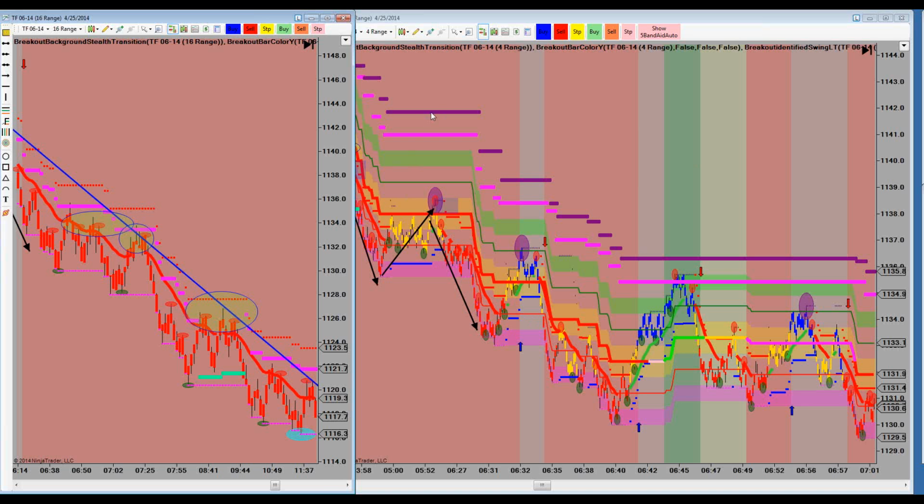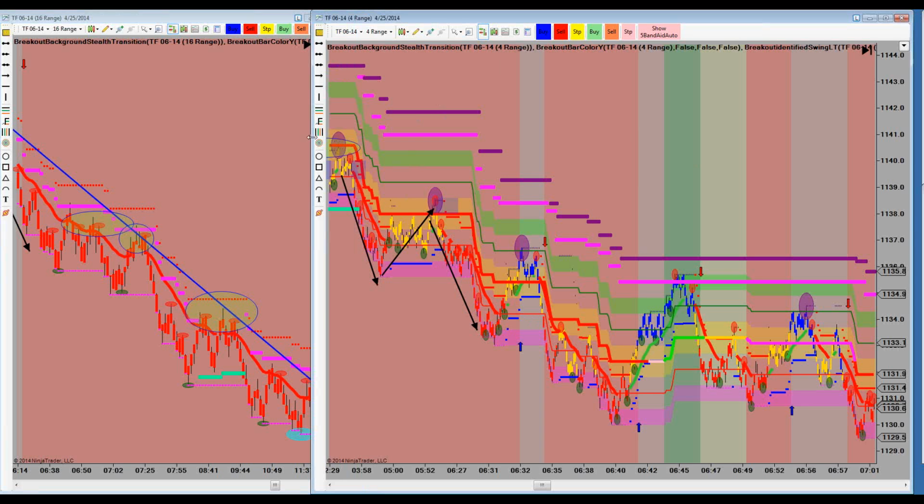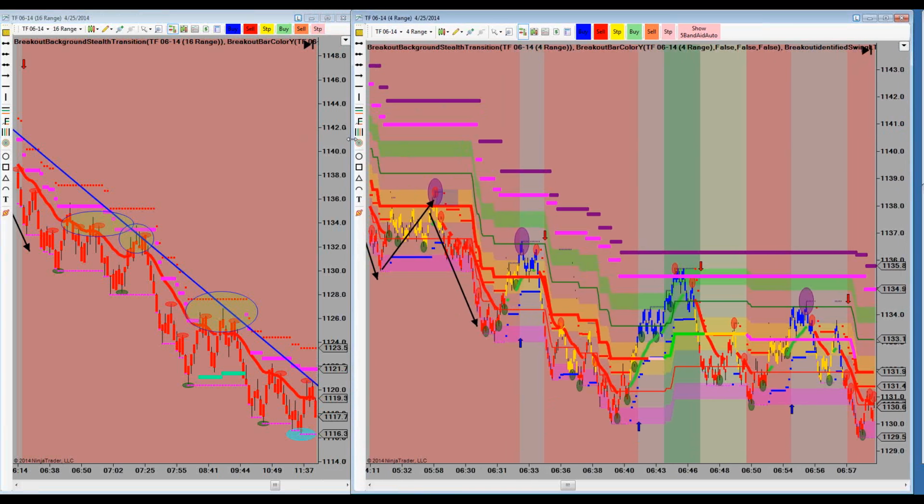What I'm talking about is what we call deep probes, where a market goes much deeper in its retracements than the mid-band. And in this case, it does not constitute a trend change. For instance, right here, see how deeply this retraced before it rolled over?